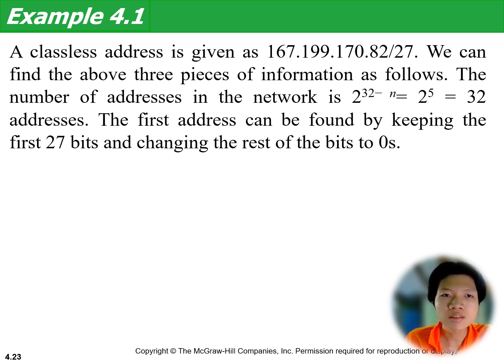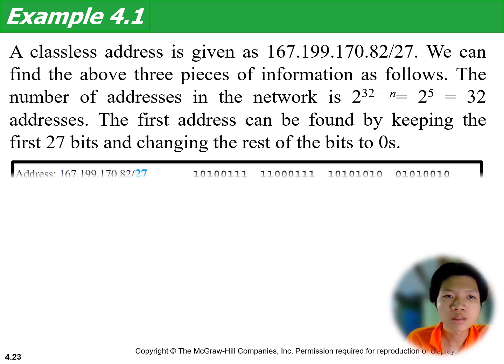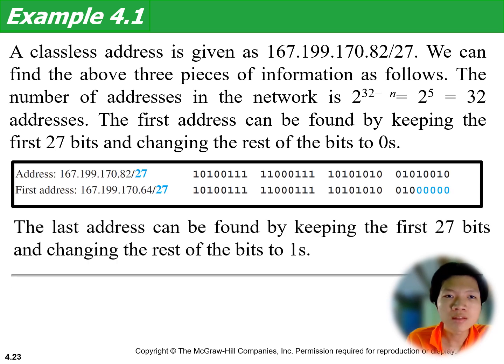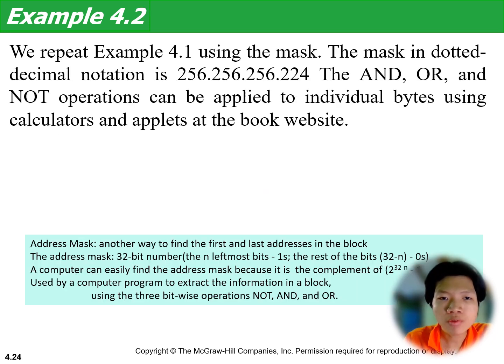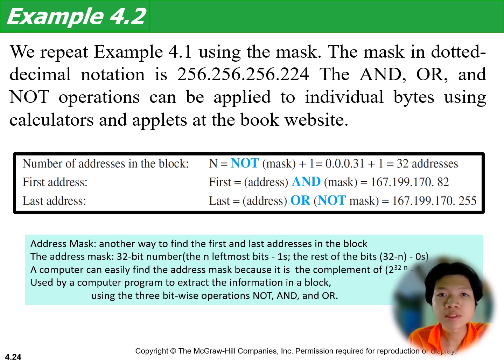The first address can be found by keeping the first 27 bits and changing the rest of the bits to zeros. The last address can be found by keeping the first 27 bits and changing the rest of the bits to ones.